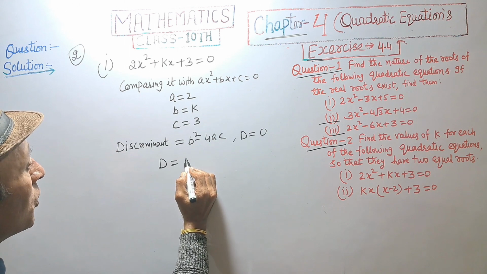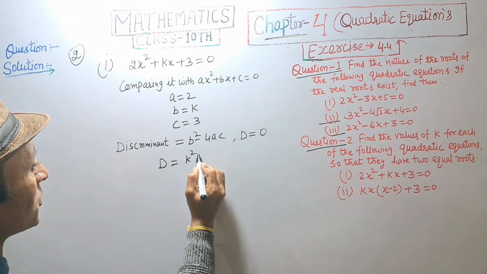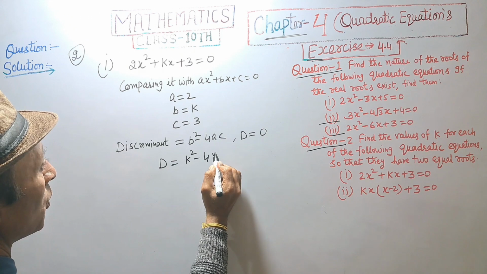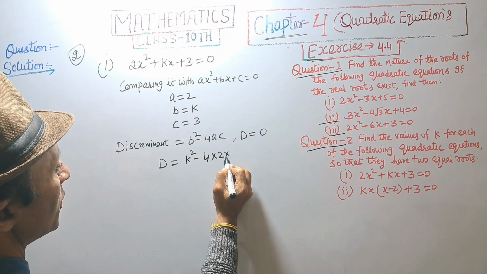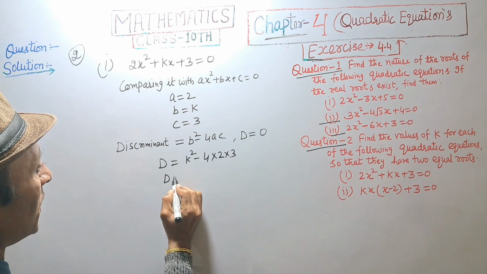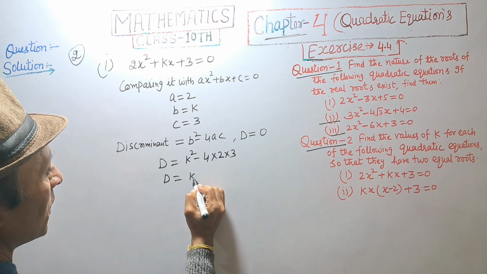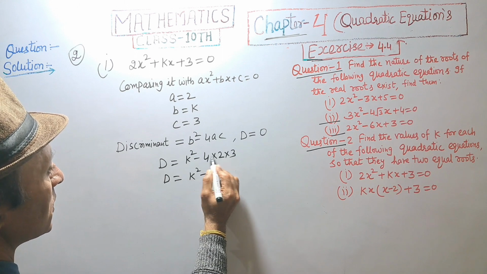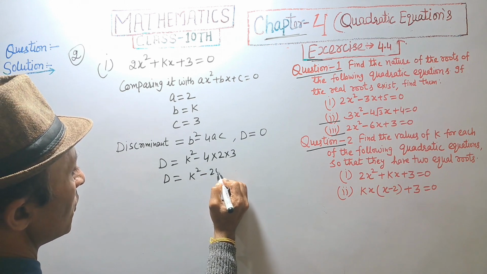D is equal to k square minus 4 into 2 into 3. D is equal to k square minus 24.